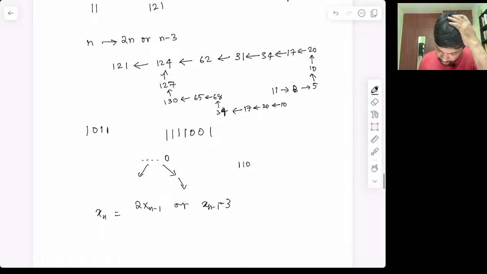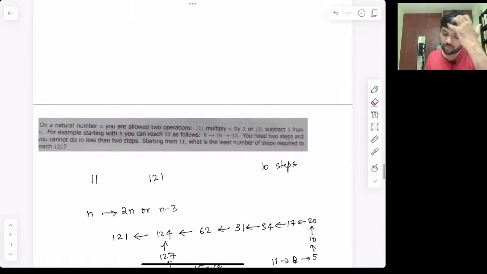Like, it's like t into 2t plus, multiply xn minus 1 with 2, or you subtract 3. A bit of a problem. So subtracting 3 is a bit of a problem. How do I write it as generating function wise? I want to come up with some way to solve these kind of problems where we have a proper proof without jumping.